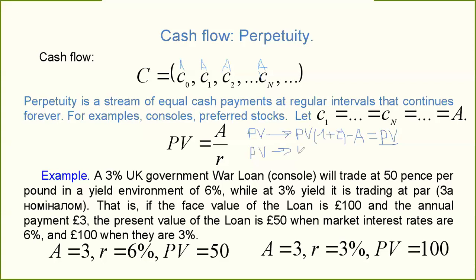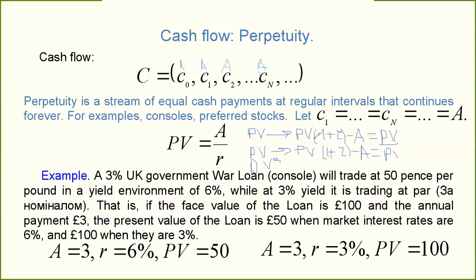At the beginning of the second year, at the end of the second year, it will again be this value, and we again should give A. So this is the first, this is the second, and as a result present value, and again present value, and so on. Understand?